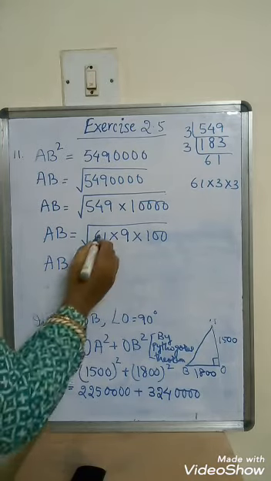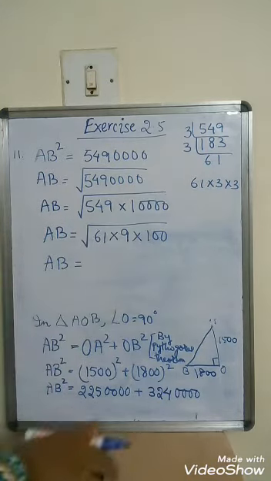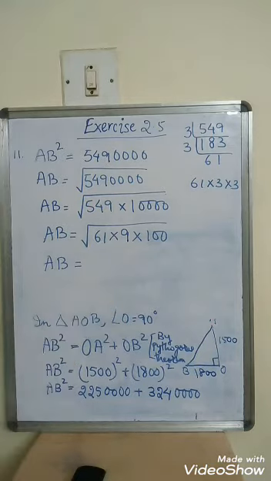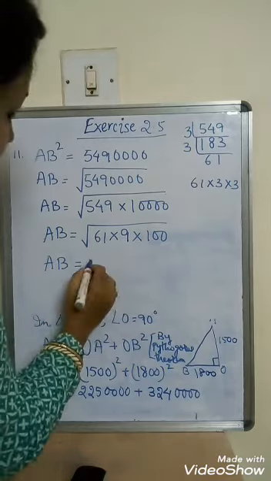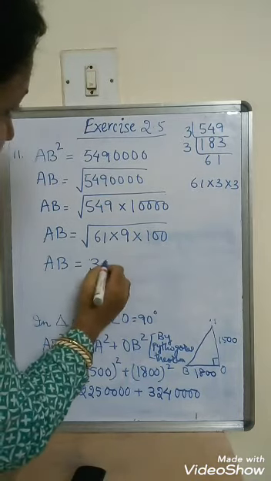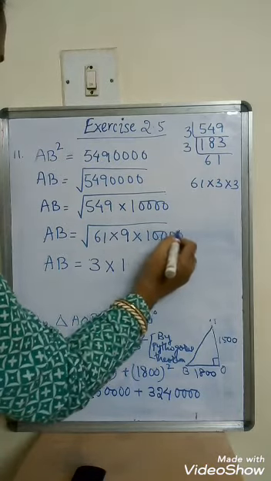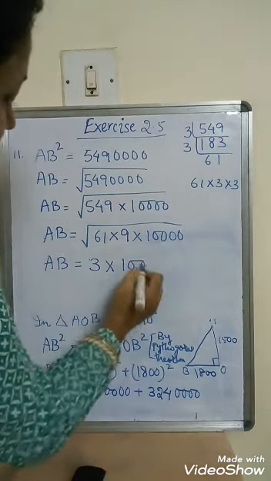So now how much are we going to get? AB will be, now 61, we cannot find out the square, right? So now what we are going to do is write 3, factor of 9 is 3 into, sorry, here it will be 100, right?